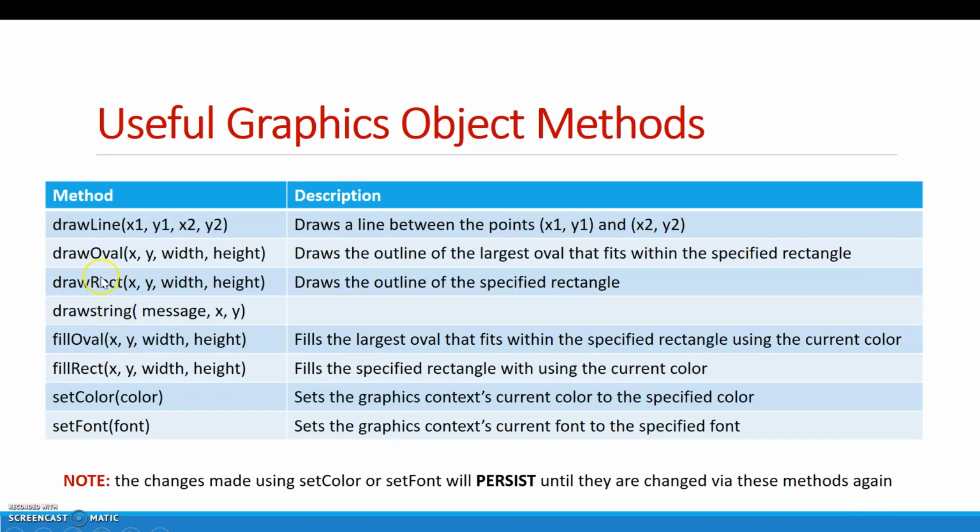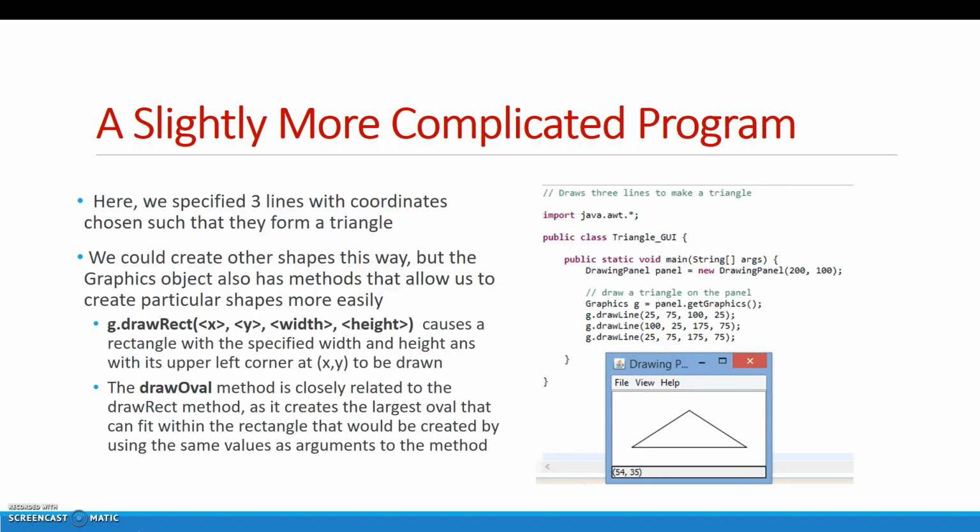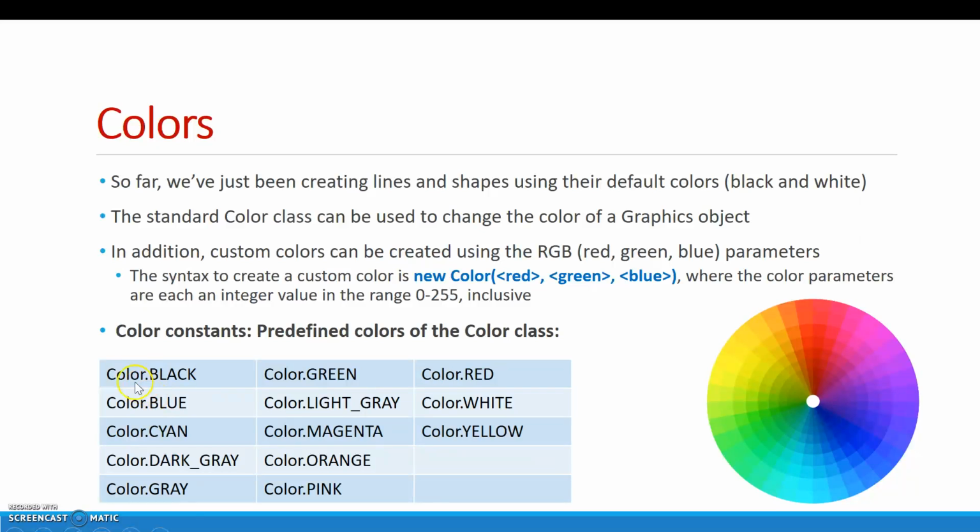So, okay, what's the difference between drawing and filling? So what we'll do is we'll set a color. Let's take a look at how the colors work. So there's a class called Color. And remember how constants are usually kept in all caps. So these are all constants.